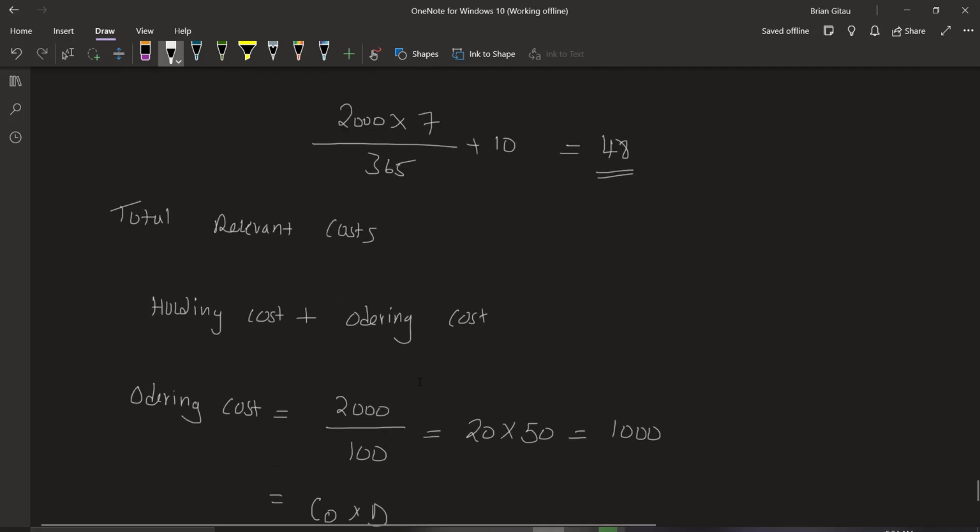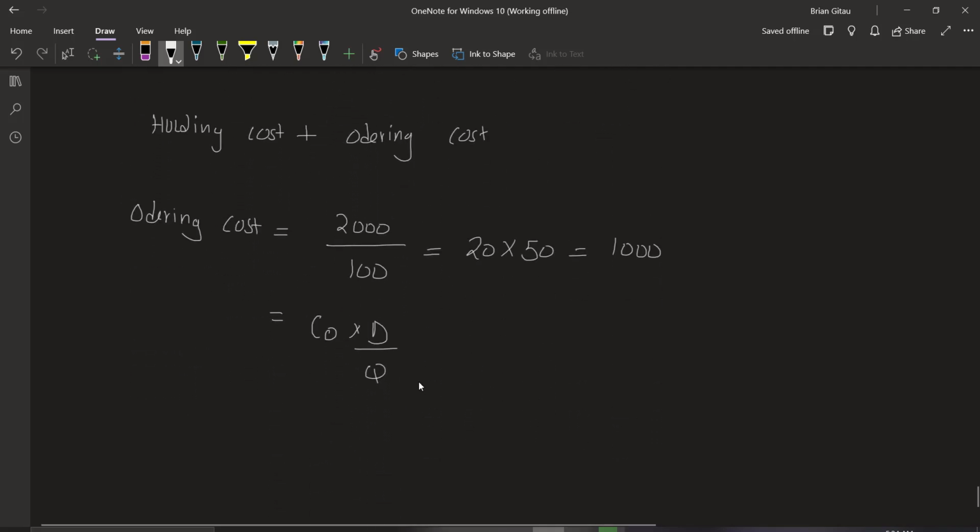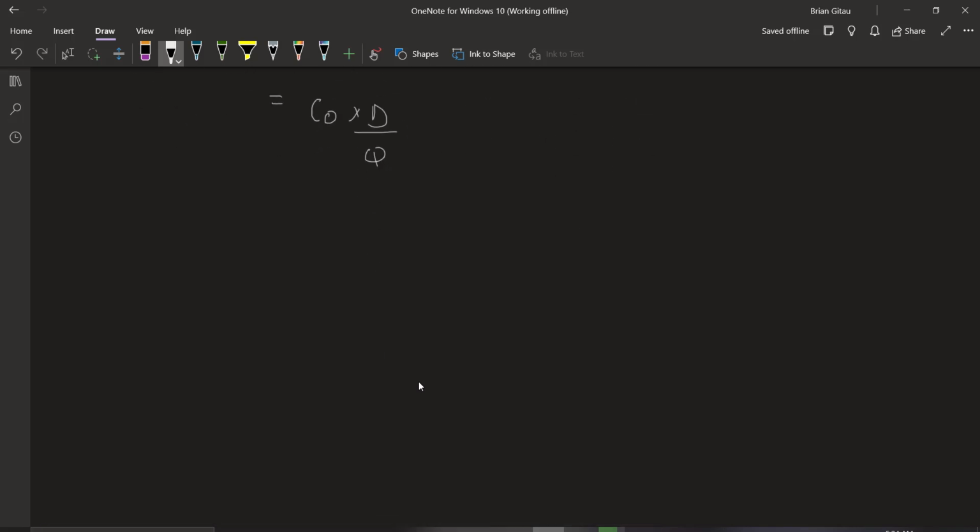Next we have the holding cost. The formula is usually given by the holding cost multiplied by the EOQ quantity divided by 2.